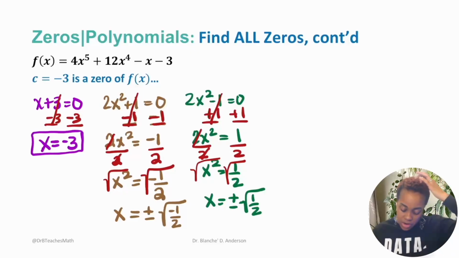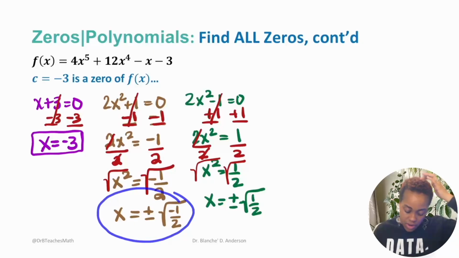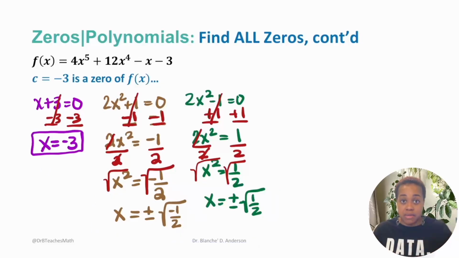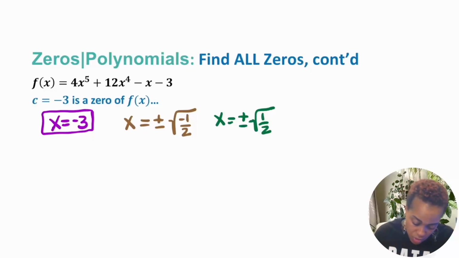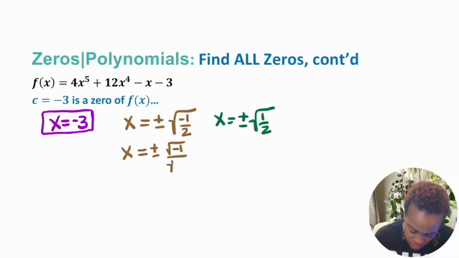Now, these aren't simplified all the way. So we need to keep going. Okay, so this one, this is plus or minus the square root of negative 1 over the square root of 2.